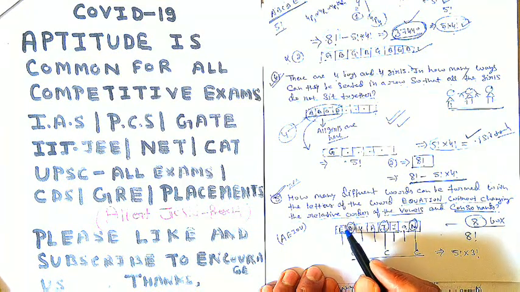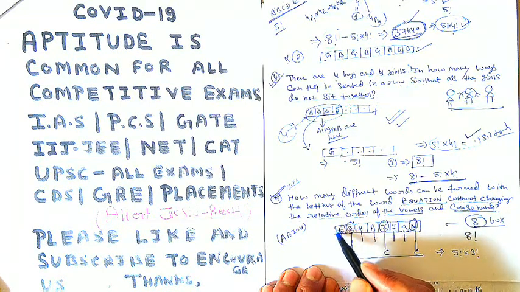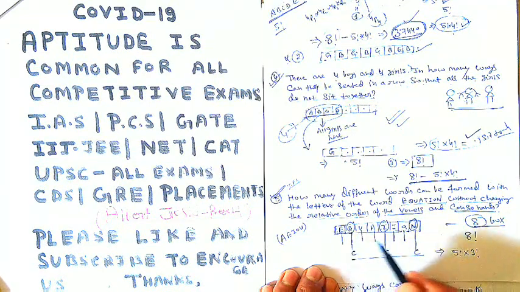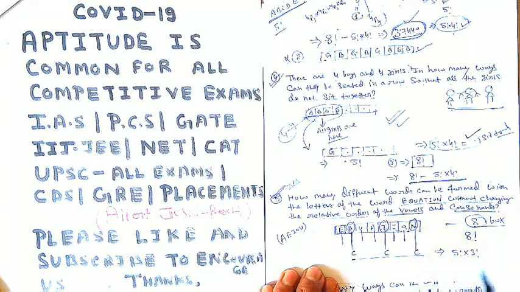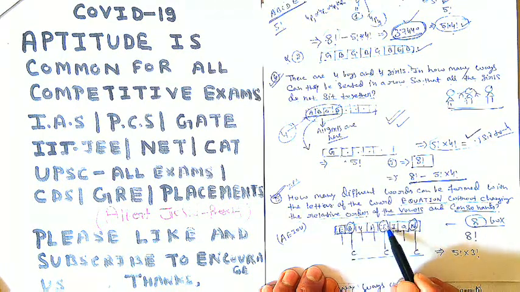In this box you cannot place Q, because he is asking that the consonant positions and the vowel positions will not be rearranged. The order will be the same. So Q, T and N can shift from here to here.